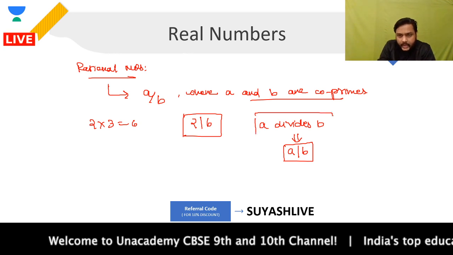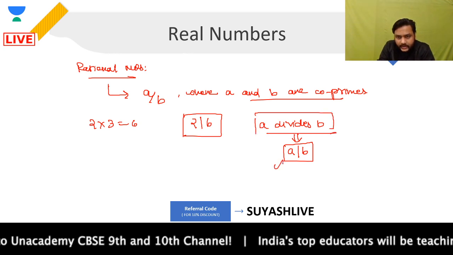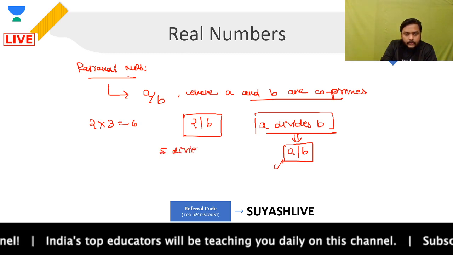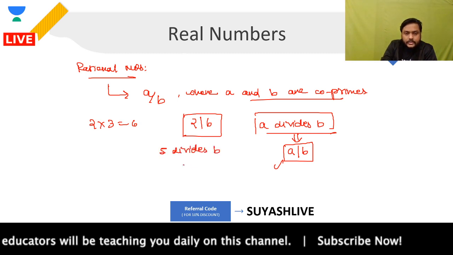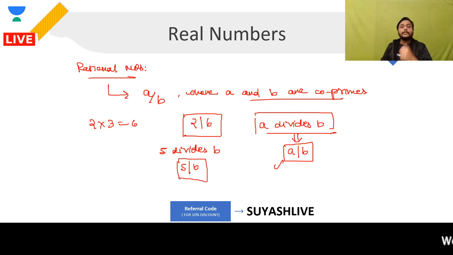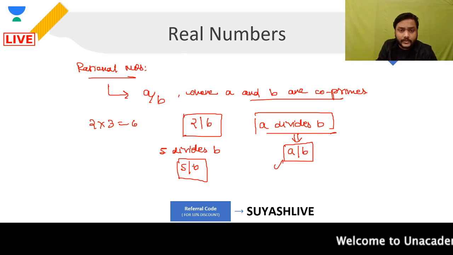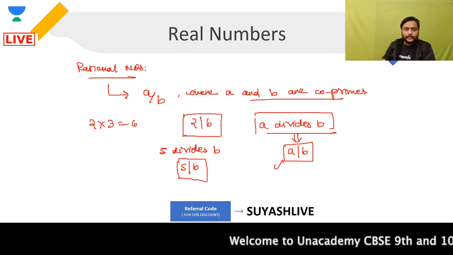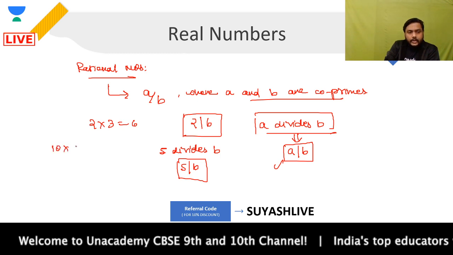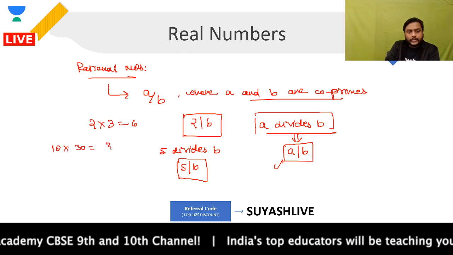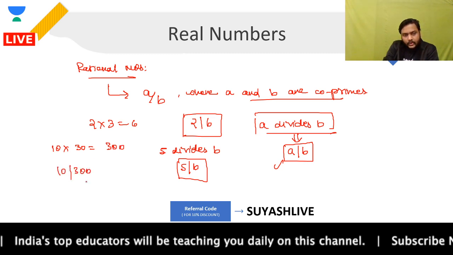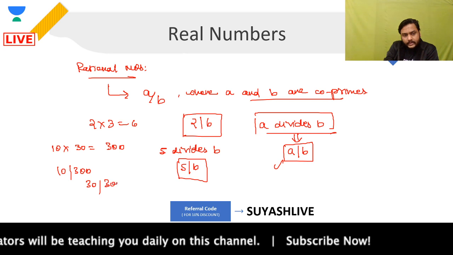If you are saying a divides b, then you can represent it like this. In the same way, if you are saying that 5 divides b, you can say 5 divides b. Are you clear with this? This is a representation that we use. ये एक सिर्फ representation है जो कि हम लोग use करते हैं. In the same way, let's say that I'm having 10 into 30 is equal to 300. So can't I say that 10 divides 300? Or can't I say that 30 divides 300? Correct.